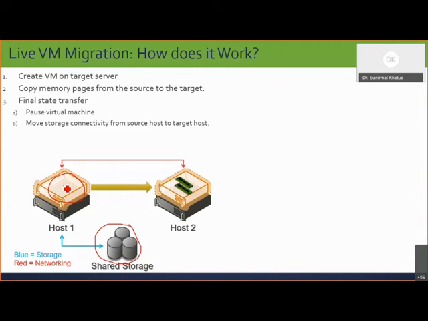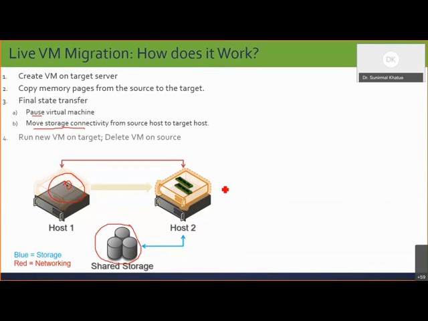When the remaining memory pages are very few, we pause the virtual machine at host 1, move the storage connectivity to host 2, start the virtual machine there and terminate the one on host 1, so that the VM is migrated. So the main issue is how can we copy the memory pages while the VM is running? This is the main challenge of live VM migration.